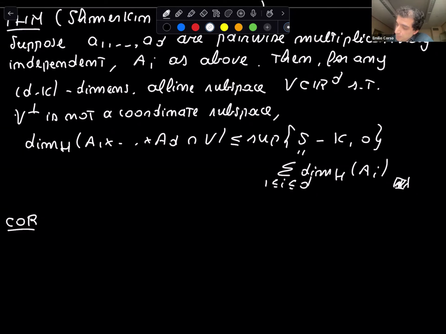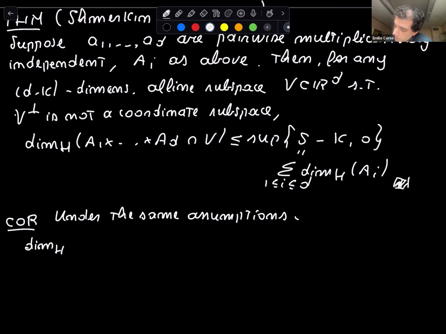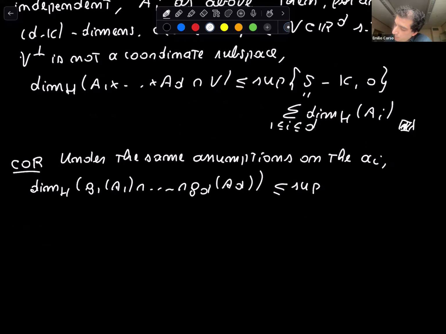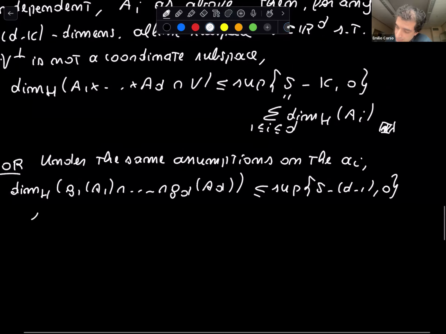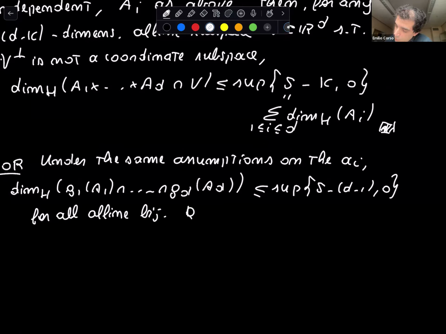And so you get automatically, under the same assumptions on the AI, that the Hausdorff dimension of G1 A1 intersected with GD AD is at most the supremum between the sum of the dimensions minus (d minus 1) and 0, for all affine bijections GI, which improves upon Hanyu's result in two aspects.